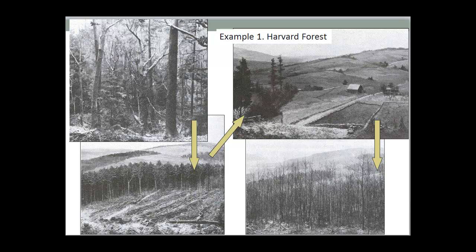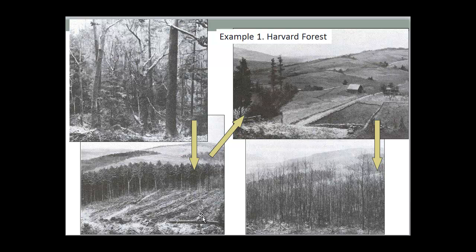So here's a depiction of a lot of the New York landscape and the northeastern landscape. In the upper left-hand corner, you can see where the forest was an old-growth forest that subsequently changed to a cutover forest.